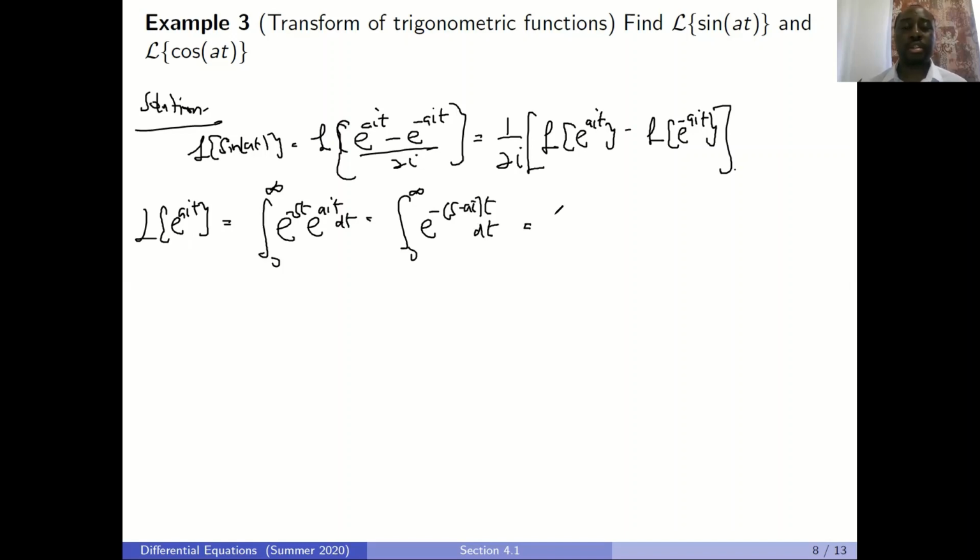Now if I integrate this, I have minus 1 over (s minus ia) times e to the minus (s minus ia)t, evaluated from 0 to infinity, so this here is a limit, right?